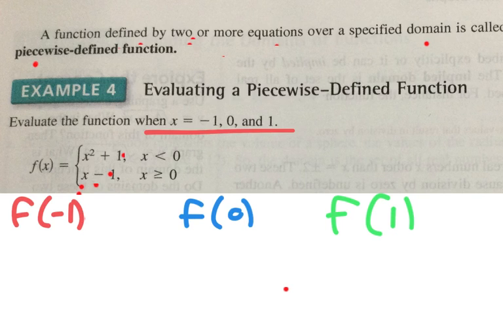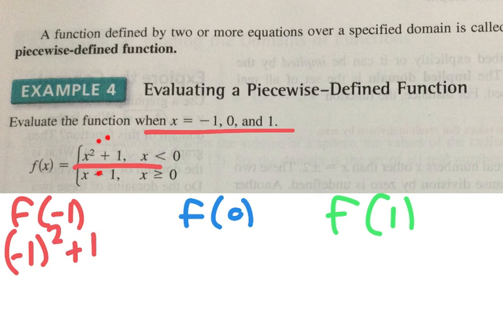So let's start with -1. So when I plug in -1, which piece do I plug it into? The top one, right? Because that's for all x's less than 0. So when I plug -1 in there, I get -1 squared plus 1. When I square -1, I get +1, and 1 plus 1 is 2.